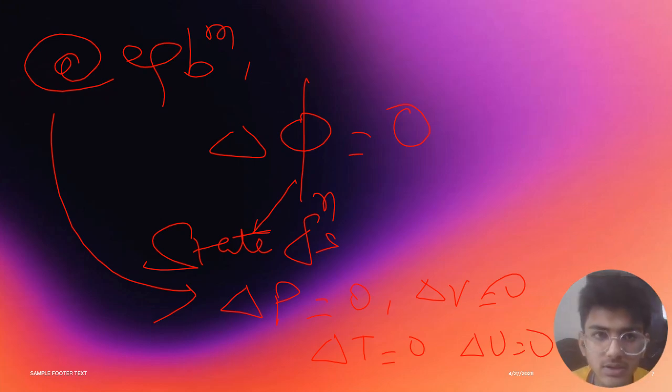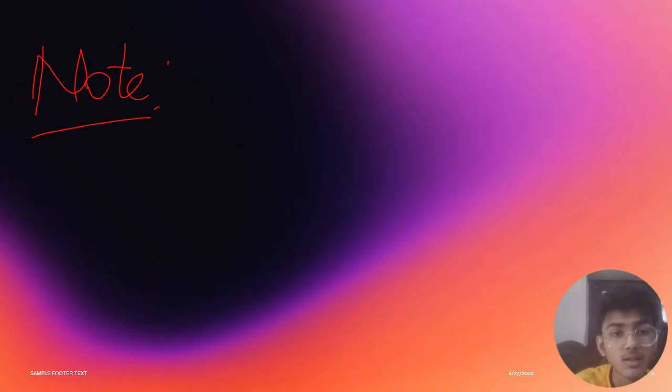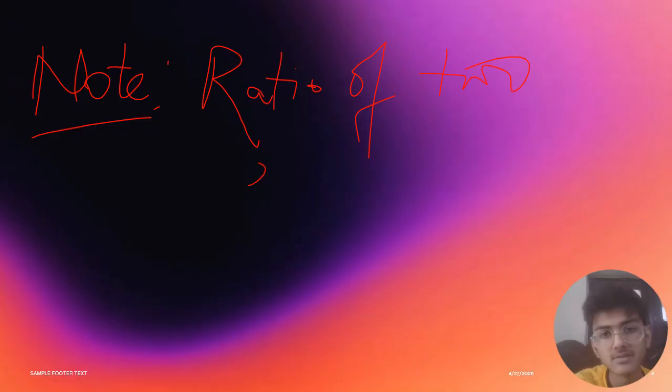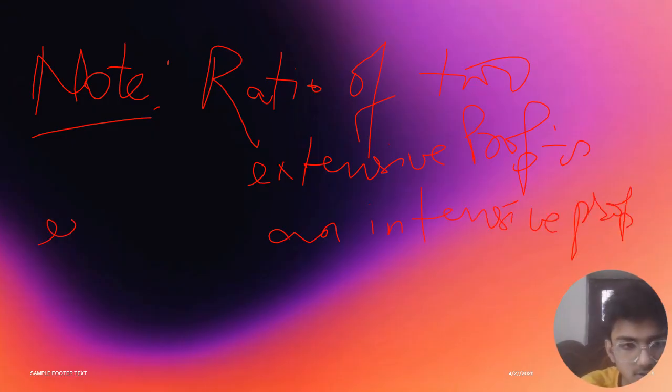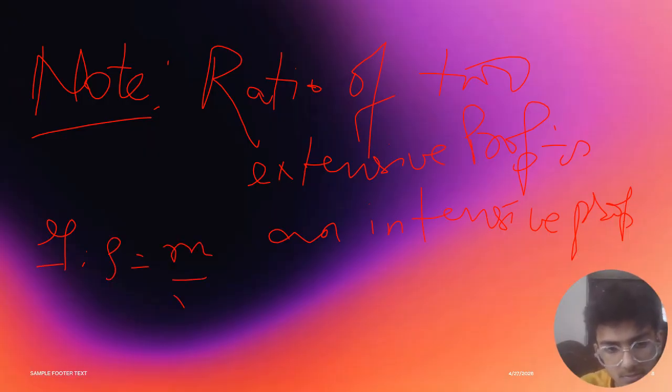One more point which we can discuss here in accordance with intensive and extensive properties is a note that the ratio of two extensive properties is an intensive property. What does it mean? Let's take an example. Density rho is equal to mass over volume.